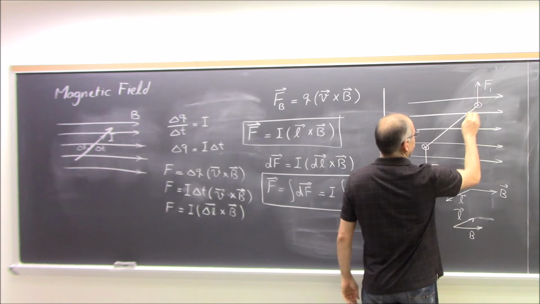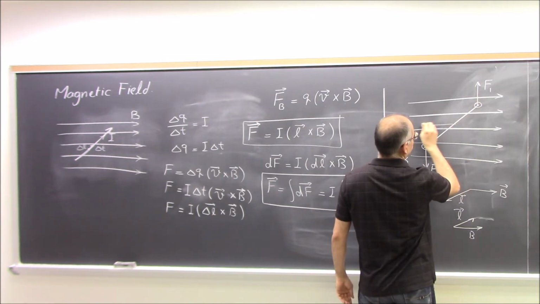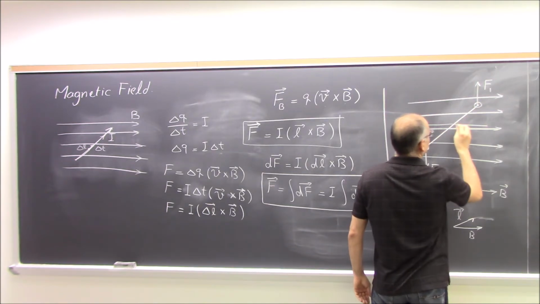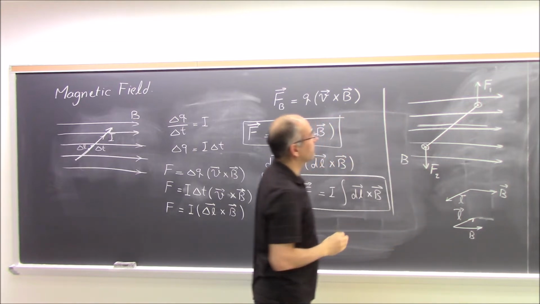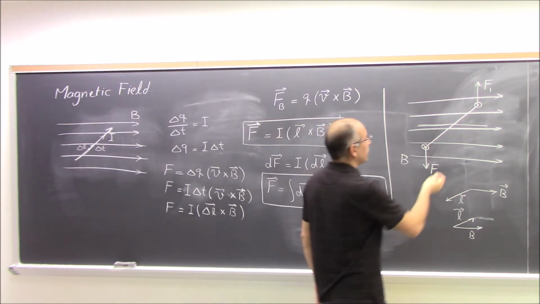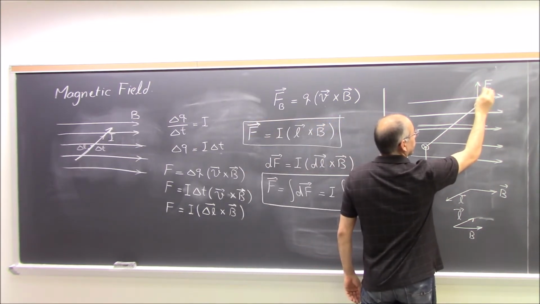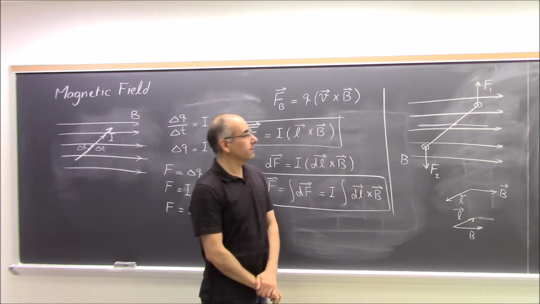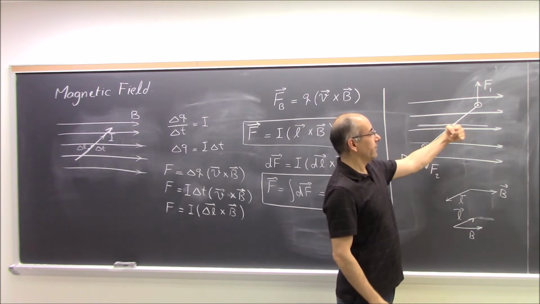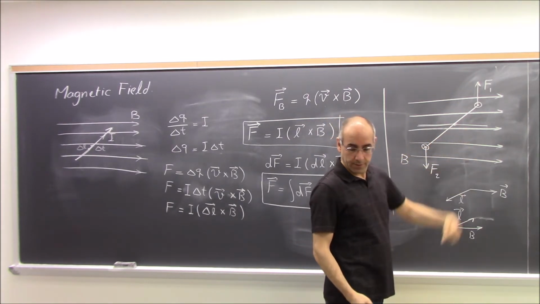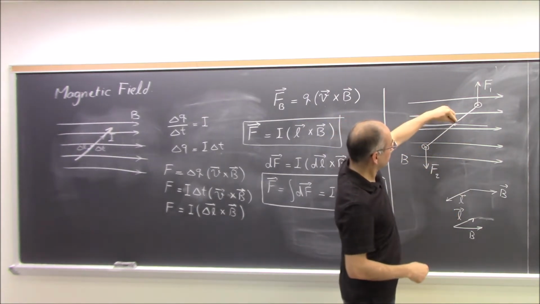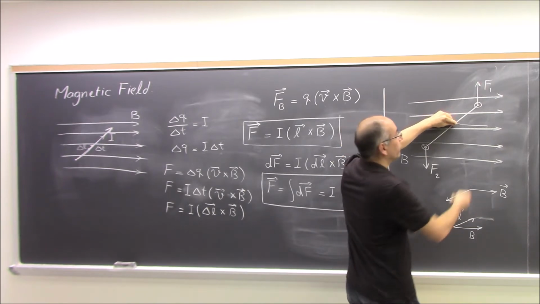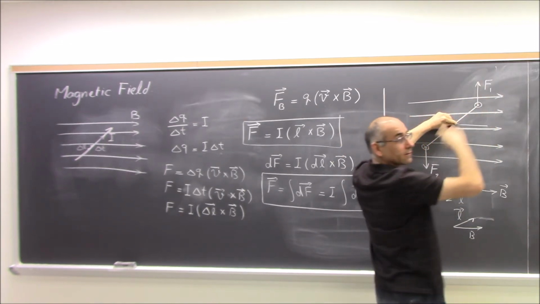So if you take the middle of this board and draw a line here, what is the torque created by this force around this point, at the axis perpendicular to the board? The torque of this force around this axis.